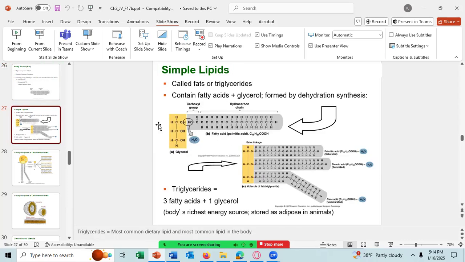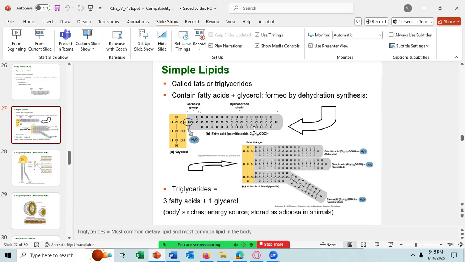I forgot to mention, simple lipids are simply a combination of fatty acids and glycerol to make the simple lipid. The triglyceride is the most common one, where you have three fatty acids linked to the glycerol.